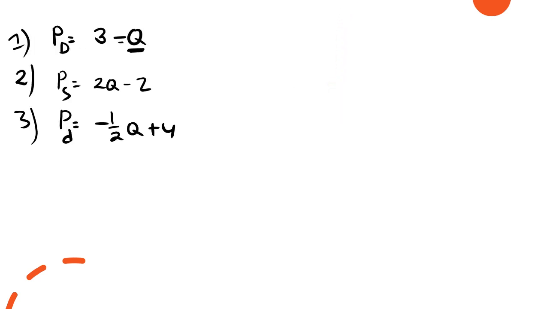All right, now let's agree that in the Cartesian diagram, P is always on the y-axis and Q is on the x-axis.